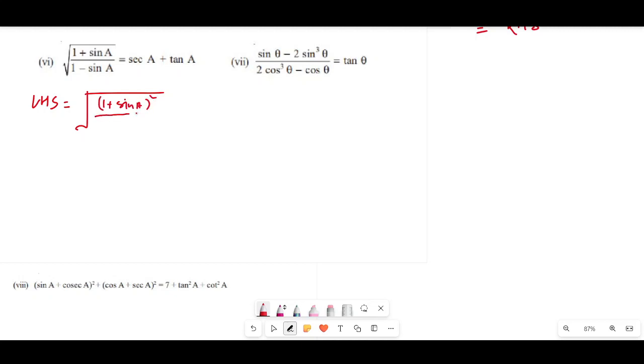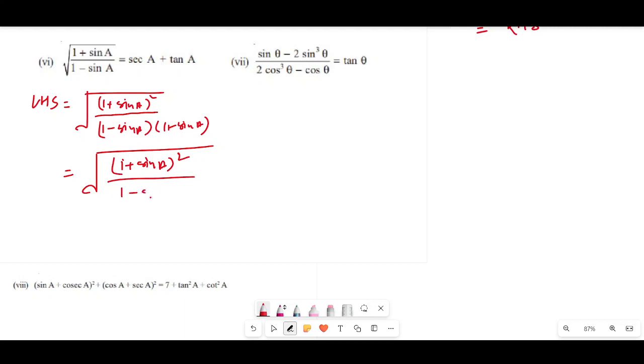Now here it will be 1 minus sin A into 1 plus sin A. Then we can write 1 plus sin A whole square upon 1 minus sin square A.